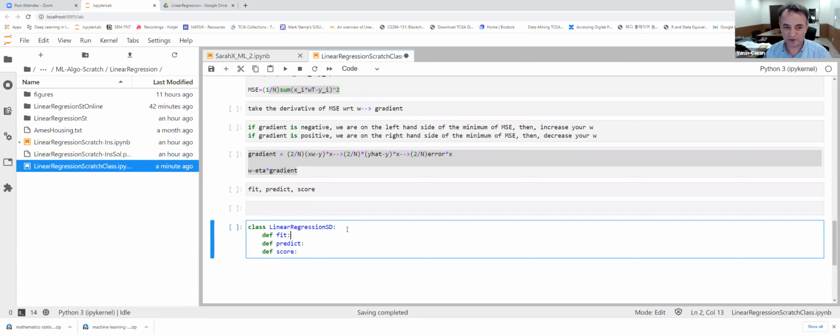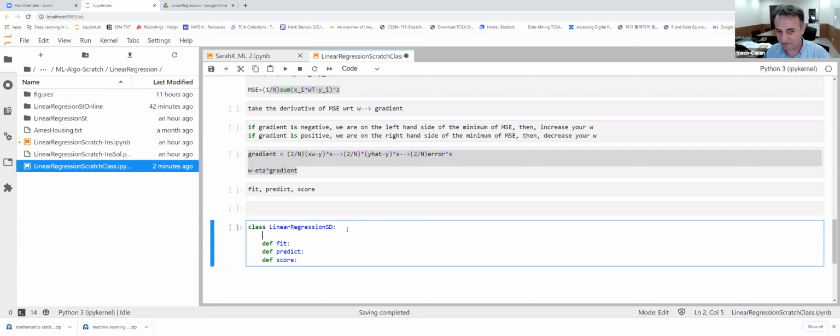All right, so I'm going to fill in these functions, but for any class, before even starting with these three functions, I need to define my constructor, right? So I need to talk about the instance that I'm going to create from this class. For that, I'm going to be using this built-in function init.